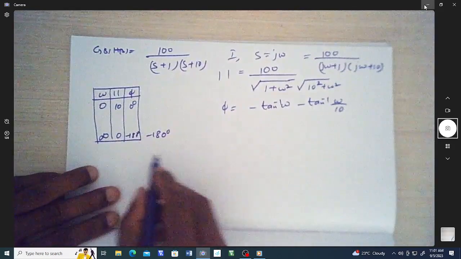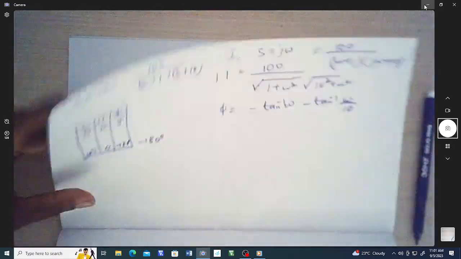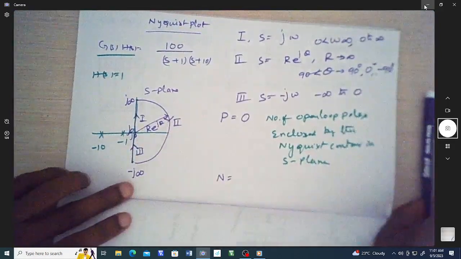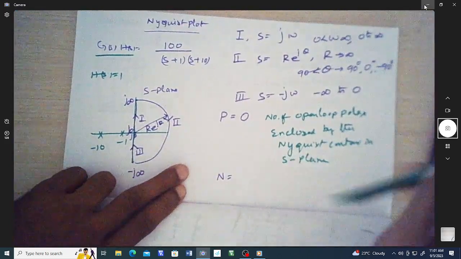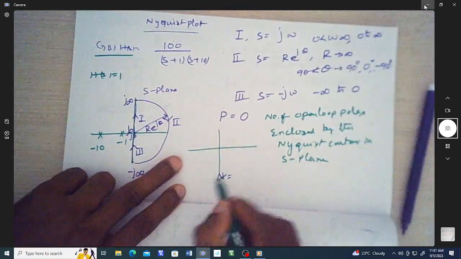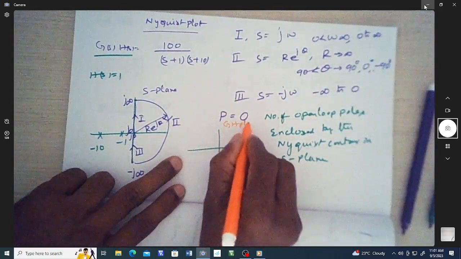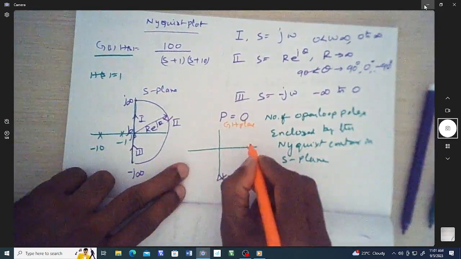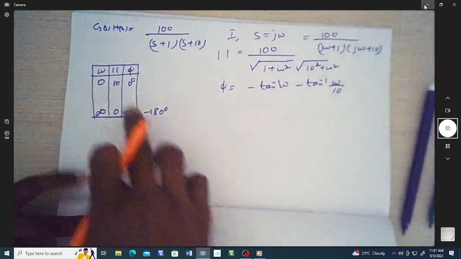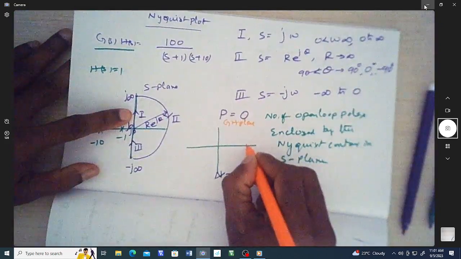So this is how this contour, which is there in the S-plane, will be replaced by, suppose I write the same thing in the GH plane. So this is now the GH plane. This is the magnitude, here this is 10 magnitude, phase angle is 0, which is exactly this.